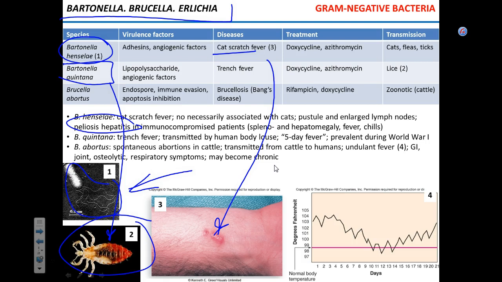So the lice that transmit Bartonella quintana are body lice, and the microorganism causes an infection known as trench fever. This infection was first identified in World War I, when people who were cramped in the trenches, the front lines, got this infection pretty commonly.